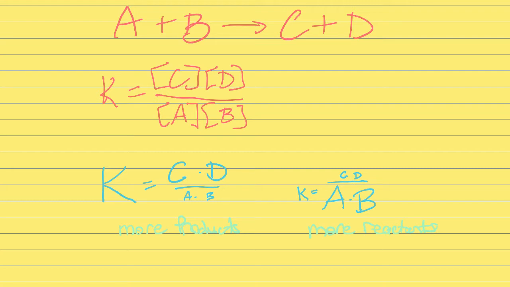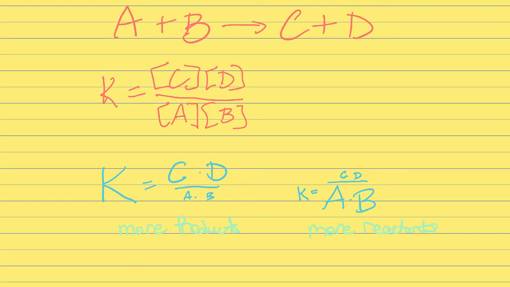Now, a ratio is another name for a fraction, right? And I want you to notice that in this ratio for this concentration equilibrium constant, we take the two products, so maybe we end up with whatever C and D are, and those two products go on the top of this ratio, this fraction.